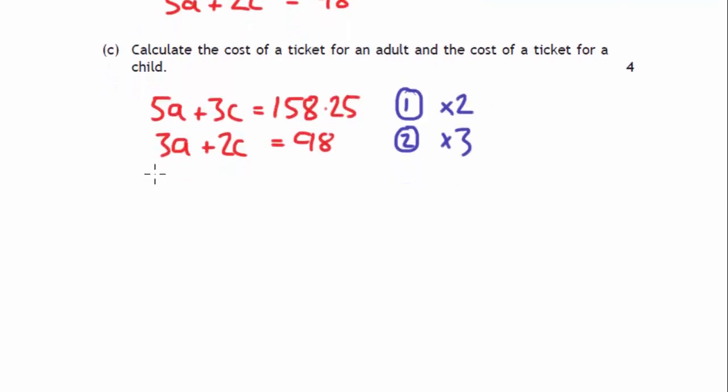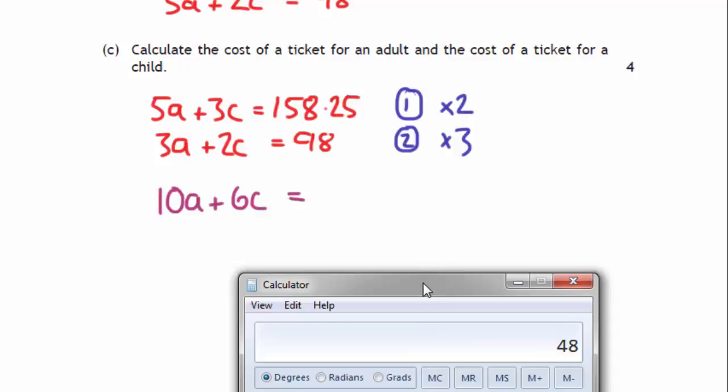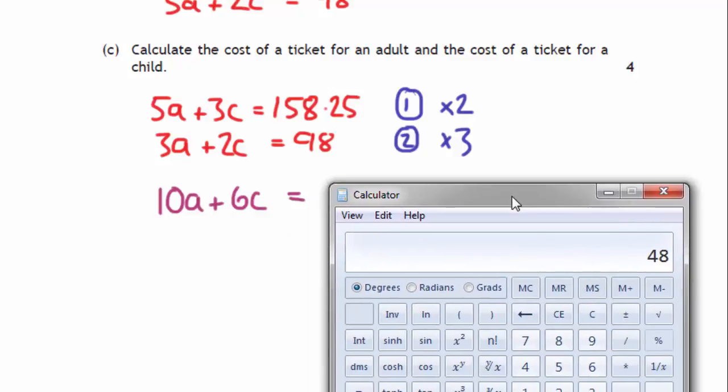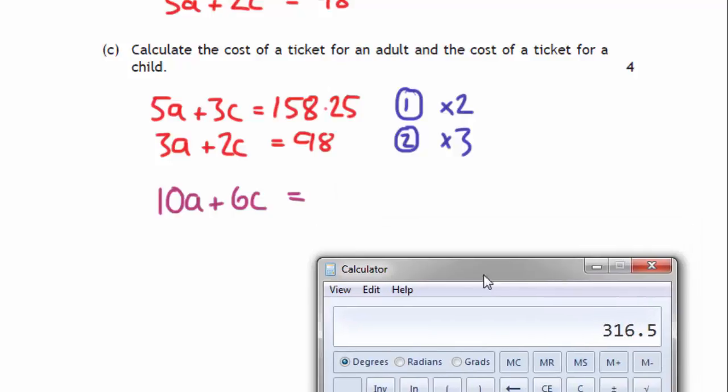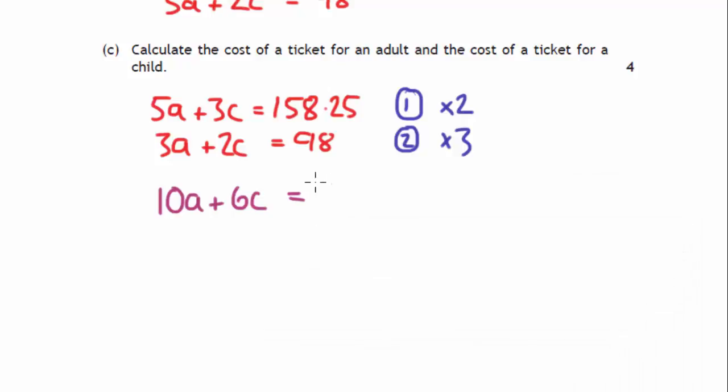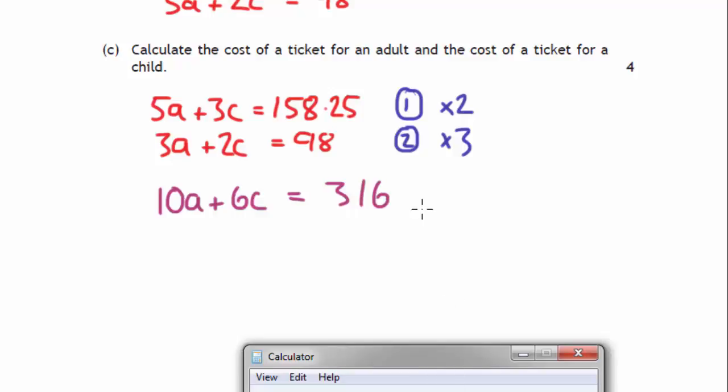These equations will be 10A plus 6C equals, then you get your calculator out, 158.25 times 2, and that gives you 316.5.